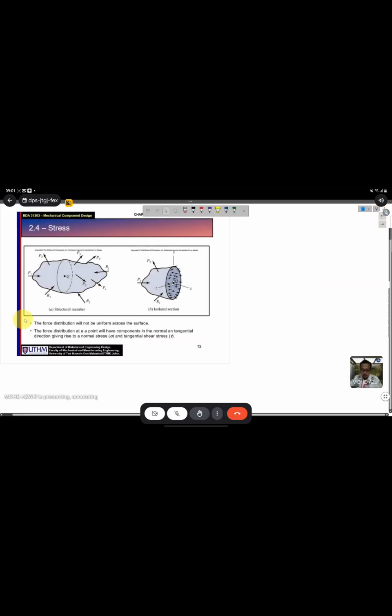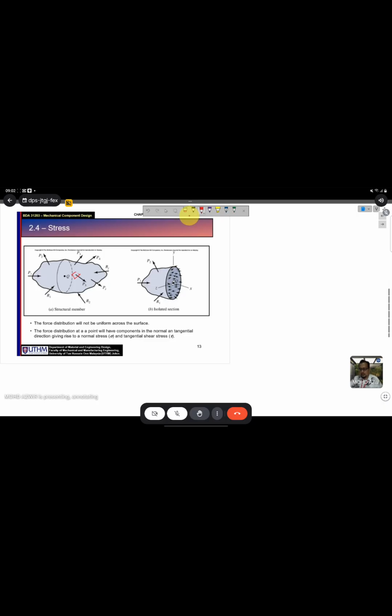Before we use the formula, you need to know there are two kinds of stress. The first one we call normal stress. Normal stress is acting normal to the force. Let's say this is the force, and if you calculate the normal stress, the stress will be acting normal to the force here.